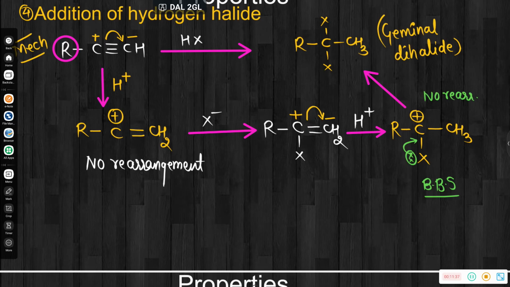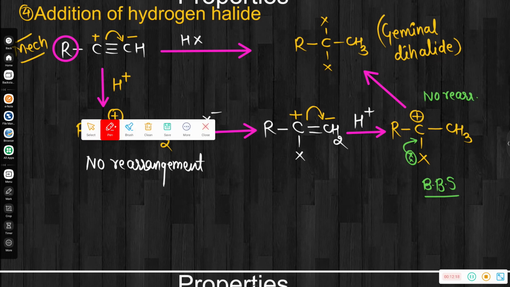Okay, understood? Now the question is here: negative here, positive here. Since positive is getting here easily, X will come and attack here. So we are getting a geminal dihalide. What is the reason? You can ask one question, sir: if an electron-withdrawing group is on the positive carbon, stability decreases. But what is happening here is the back bonding concept.